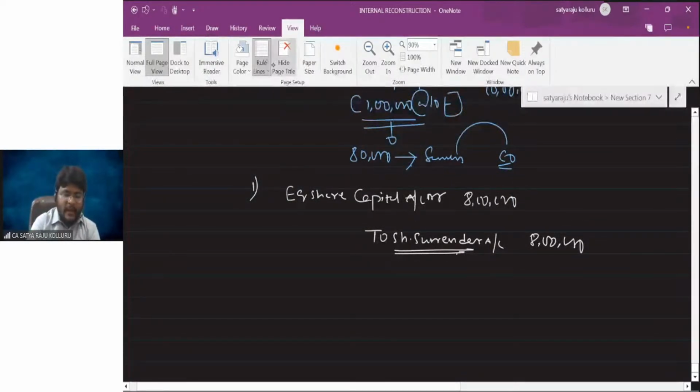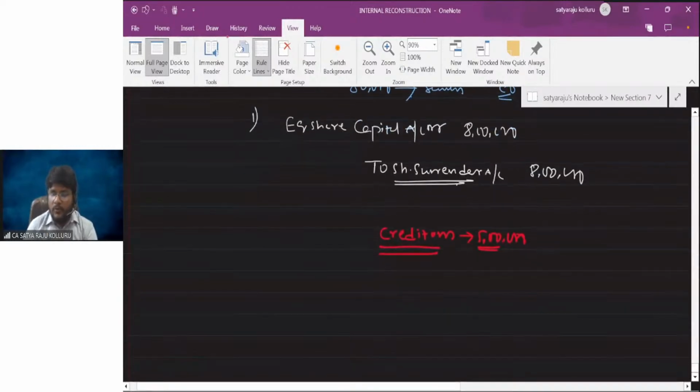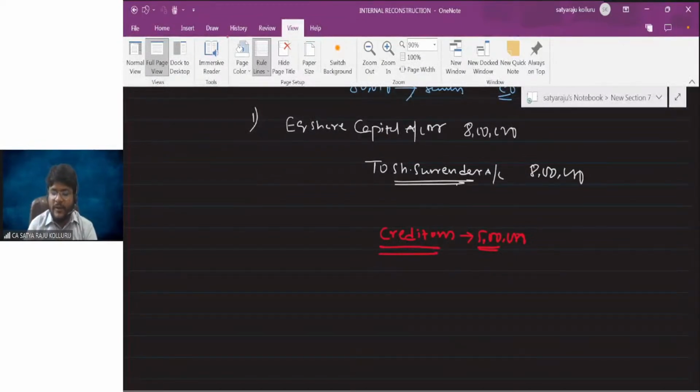Now the point is, sir, existing creditors I have in my company, for the worth of 5 lakhs, let us assume. Now, out of the share surrender, to the extent of 5 lakhs, I'm going to issue equity shares to these creditors, sir.